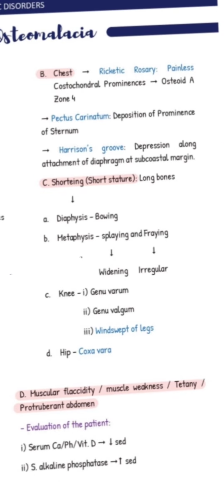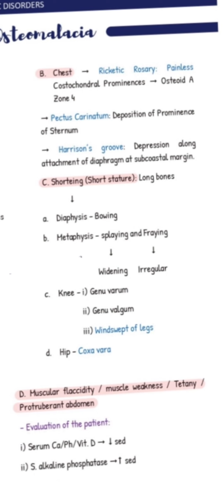In chest you can see a rickety rosary, that is painless costochondral prominence. Another feature, pectus carinatum, prominence of the sternum. Harrison sulcus, you will get depression along attachment of diaphragm at subcostal margin.